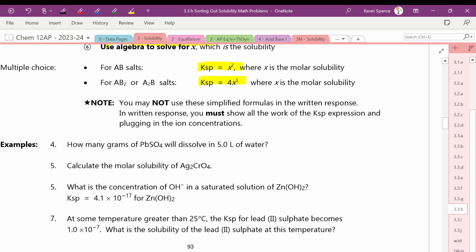Can you tell? Would you know how to do example 4? What would you do? You would look up the KSP.